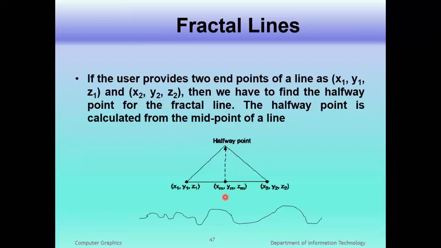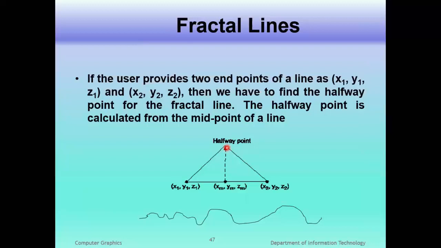This halfway point can be calculated from the midpoint of the line as xm equal to x1 plus x2 divided by 2, ym is equal to y1 plus y2 divided by 2, and zm is equal to z1 plus z2 divided by 2. But in order to achieve the halfway point, we have to add some offset to each coordinate of the midpoint. That will give us this halfway point.